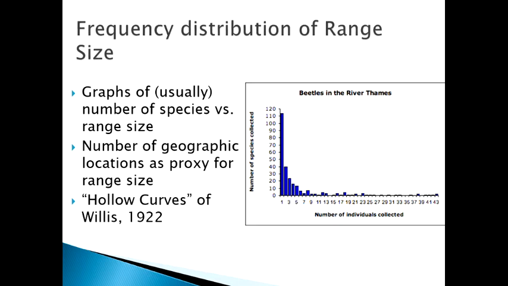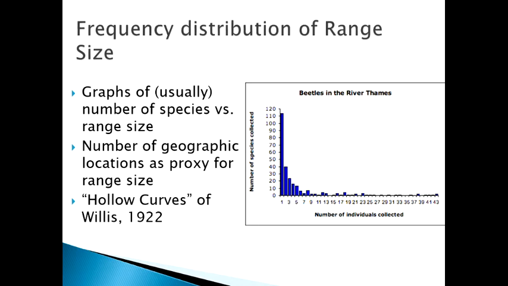One of them had also been worked on for many years by this fellow named Willis, and he called these things hollow curves. And Eduardo Rappaport was fascinated with hollow curves. So it starts there. And look at these things. They typically show some vertical scale of the number of taxa, in this case number of species collected, and then some type of measure of geography or a proxy.